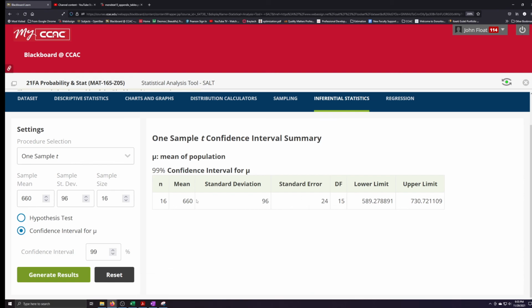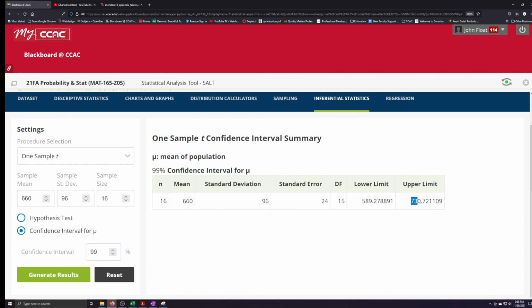From left to right: n is 16, the mean is 660, standard deviation is 96, degrees of freedom is 15. And look at our upper and lower limits. Our lower limit is 589.2, but if we rounded that to a whole number, it would be 589. And then the upper limit is 730.7, and if you rounded that to a whole number, you would get 731.